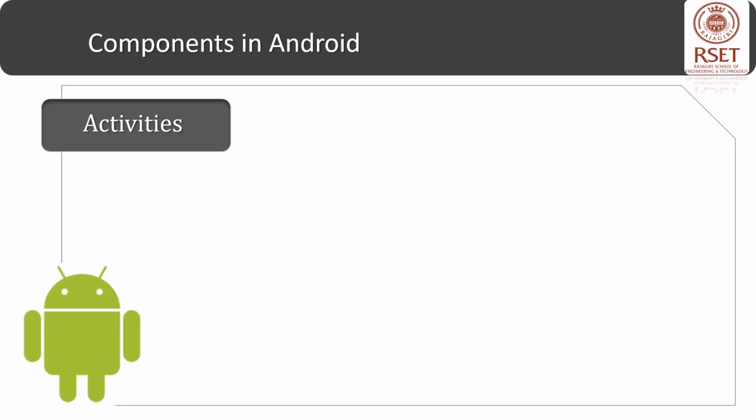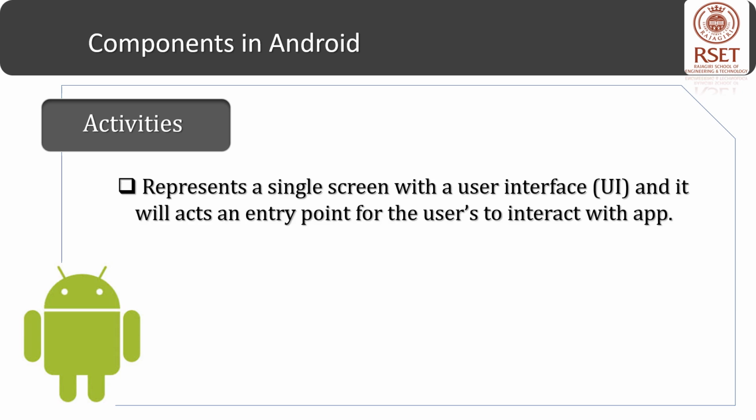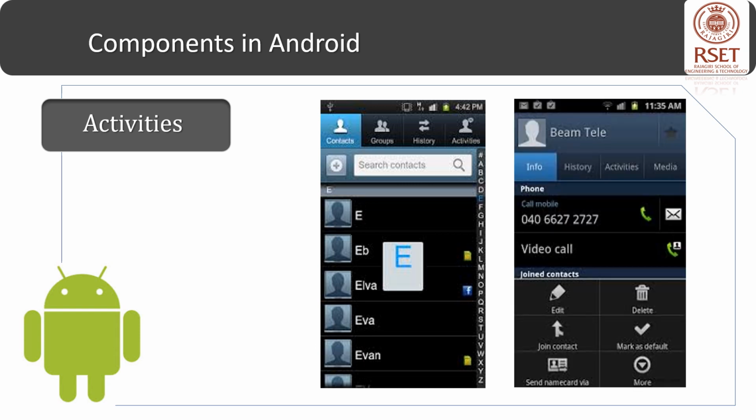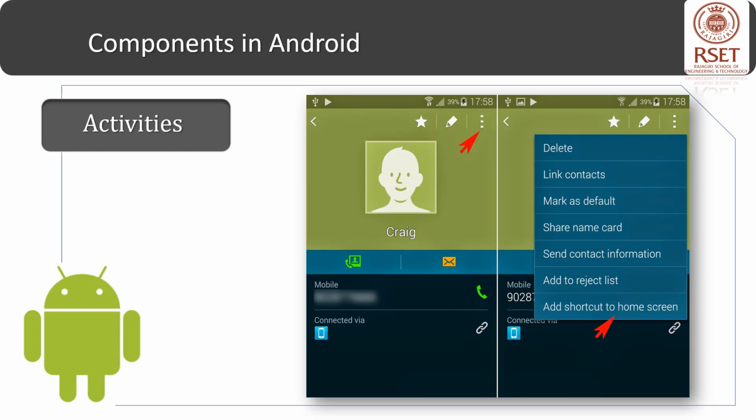Now let's discuss activities in detail. Recall what you have studied in the previous slide. Activities represent a single screen with a user interface, right? And it acts as an entry point for users to interact with the app. We have seen two examples of a contact app which has more than one screen. Though they have more than one screen, they are connected and each screen can be considered an activity.